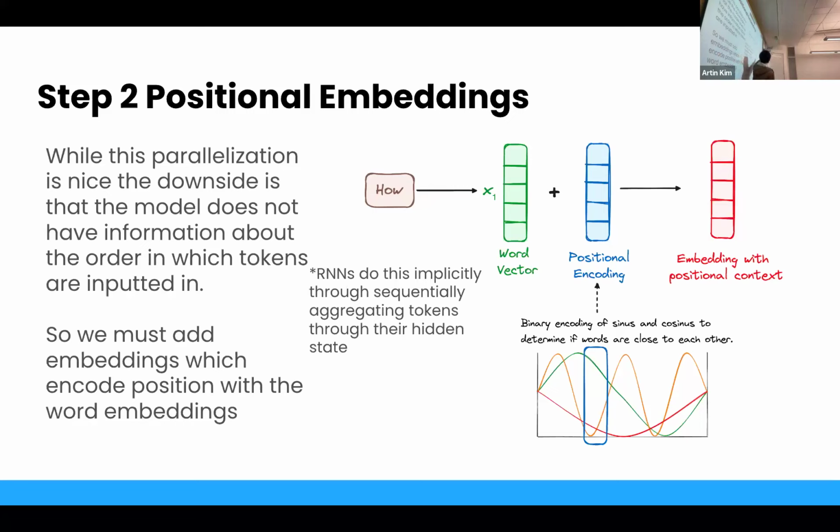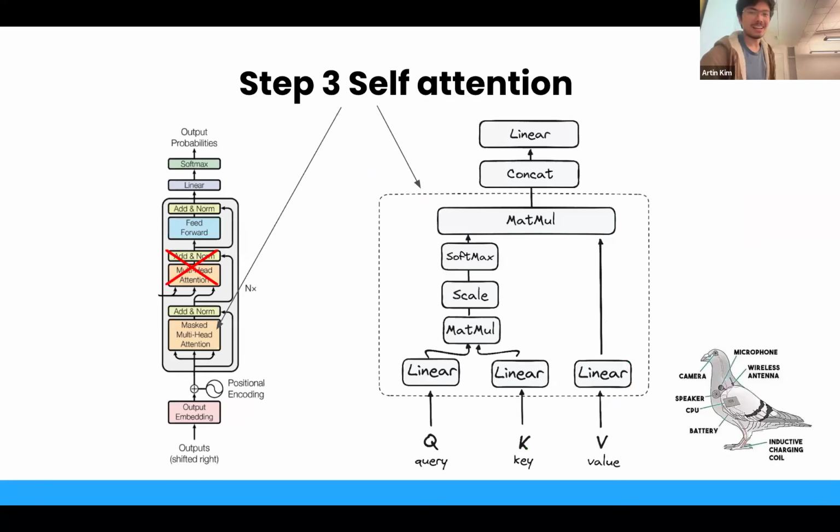You actually have to encode positional information with it. So you add this vector, which is like a sum of waves. It just allows this new positional embedding to have context of where it is in the sentence. Because if you think about it, it matters where the word is in the sentence. If you say "don't" before something or after, it changes the meaning a lot.